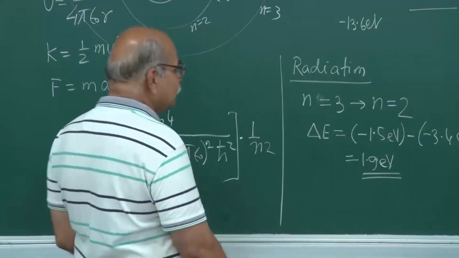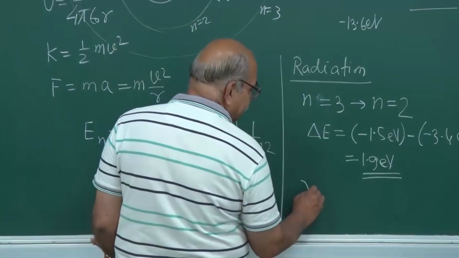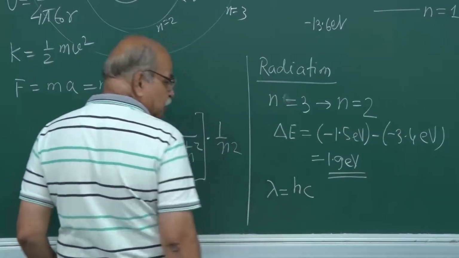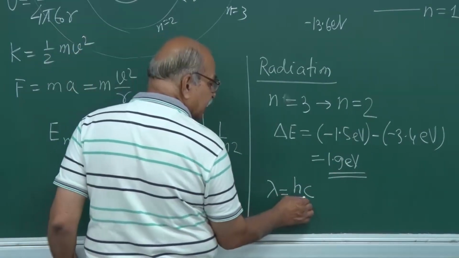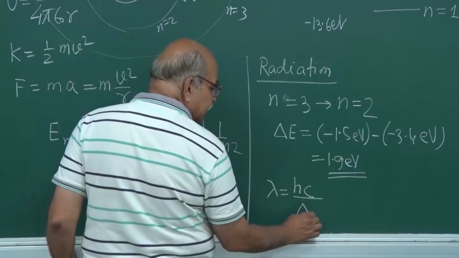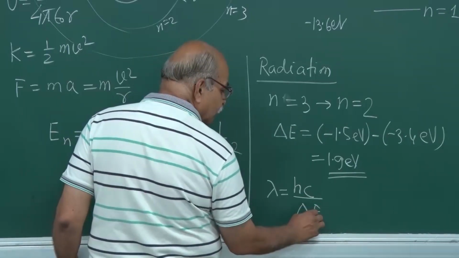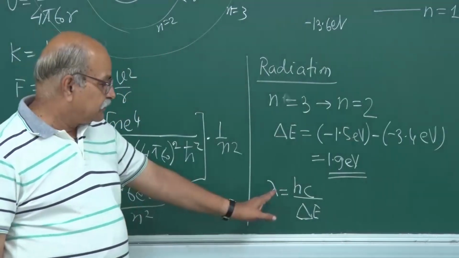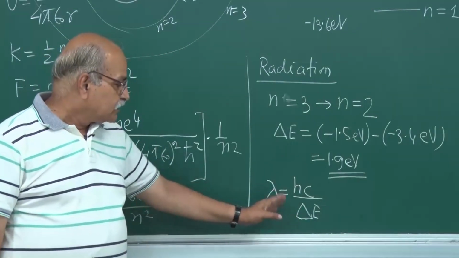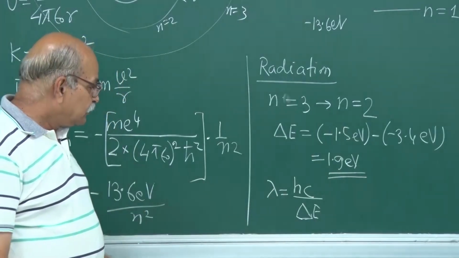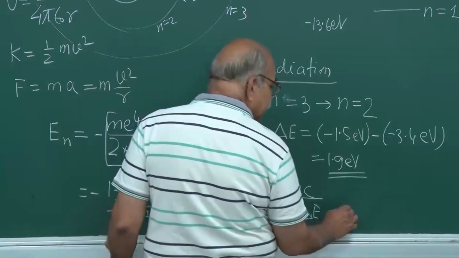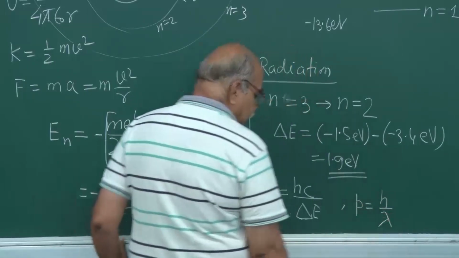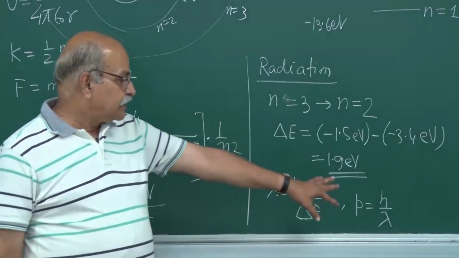And the relations are: the wavelength is given as Planck's constant times the speed of light in free space or vacuum, divided by the energy. All right. So this is the relation between energy and wavelength, and then for momentum, p equals h by lambda, or lambda is h by p.